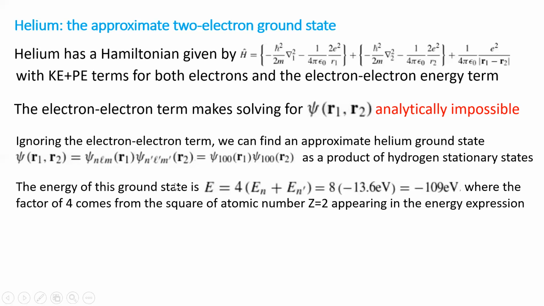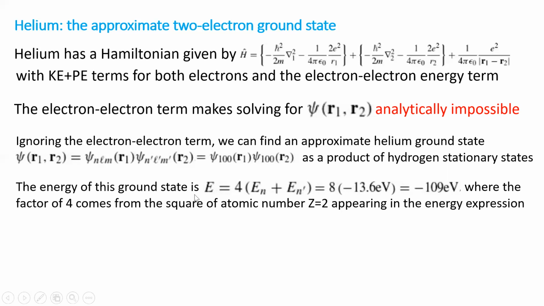Now, the energy of this ground state: you might think it would just be the energy of these two hydrogen states, but it's actually 4 times that. Since each of these ground states for n equals 1 is minus 13.6 electron volts, it would be 8 times minus 13.6 electron volts, or minus 109 electron volts. So why is it bigger?